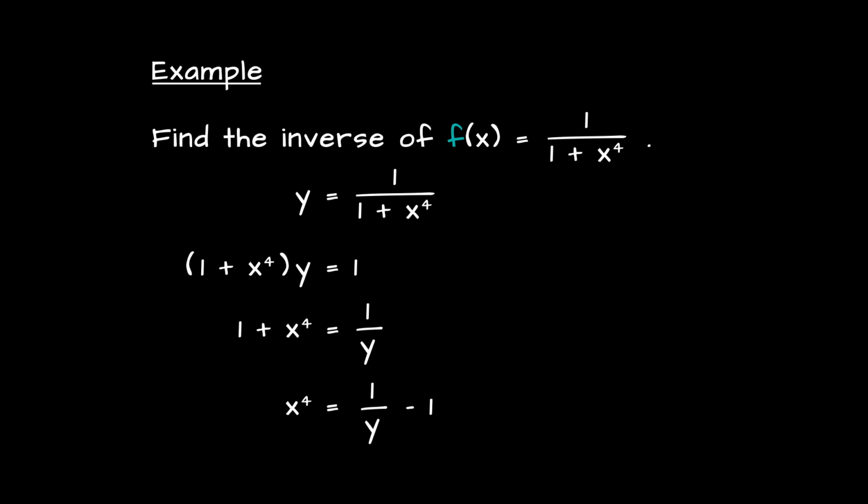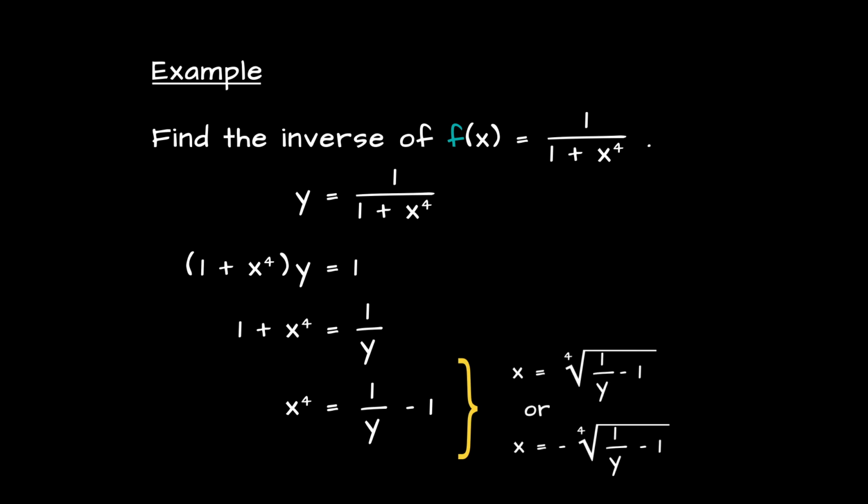But it's at this point that we actually have to stop and be careful, because taking the 4th root is not an invertible operation. Indeed, think back to your knowledge of roots and radicals and recall that when taking the 4th root, or any even root of an expression, there's a choice to be made.